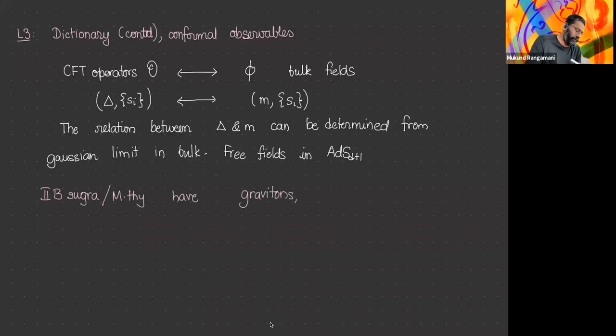Maybe it depends on which theory, but in type 2B, we have 2 forms, and let's just say form fields plus fermions. But the form fields are capped in rank. So type 2B only has 2 forms and 4 forms, whereas M theory has a 3 form. So when you do dimensional reduction, sorry, M theory has a 4 form.